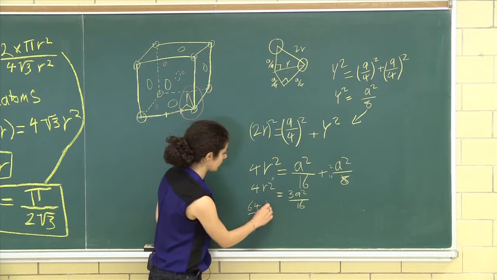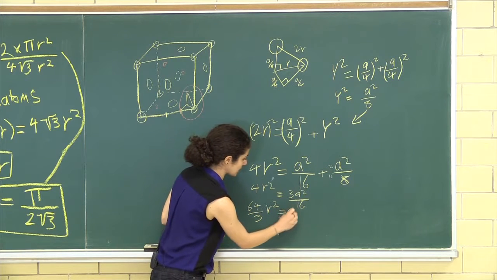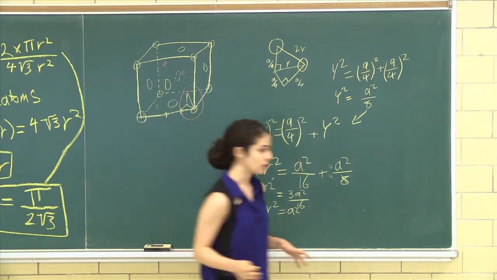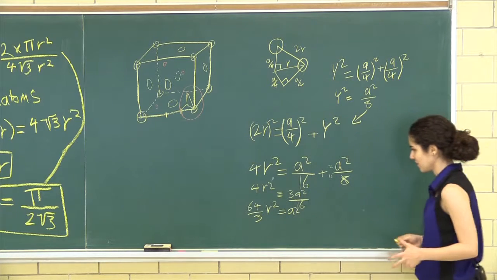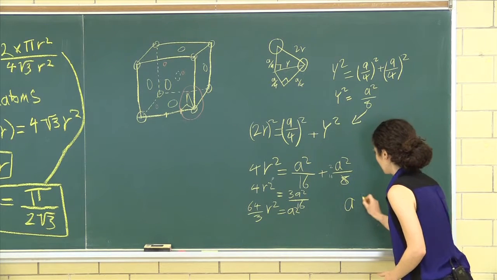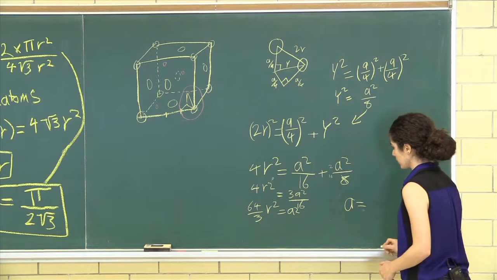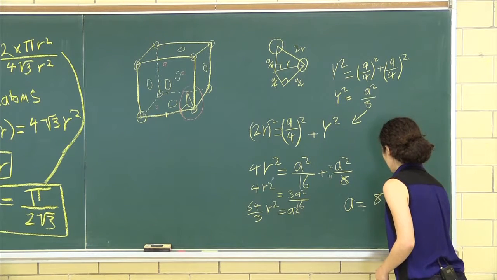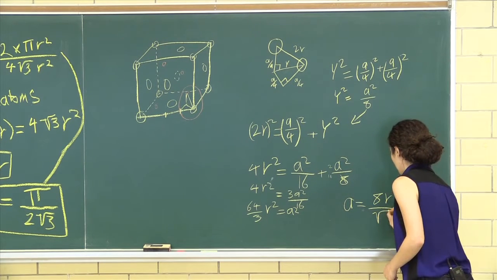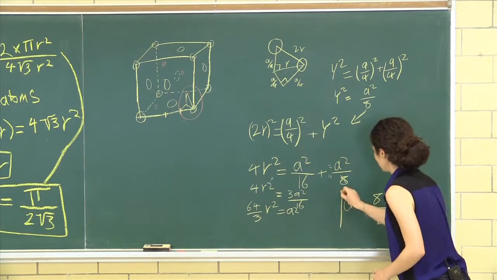And then divided by 3, R squared is A squared. So our A to R ratio, A is equal to 8R all over root 3.